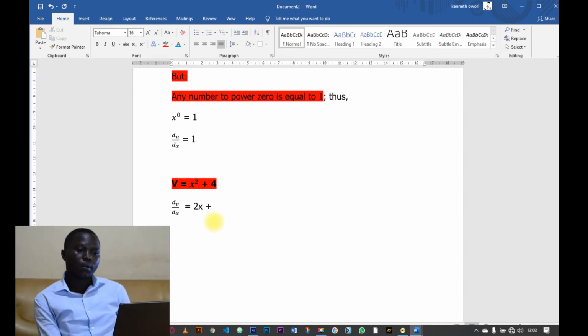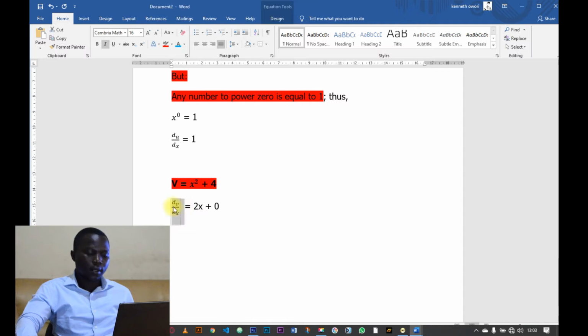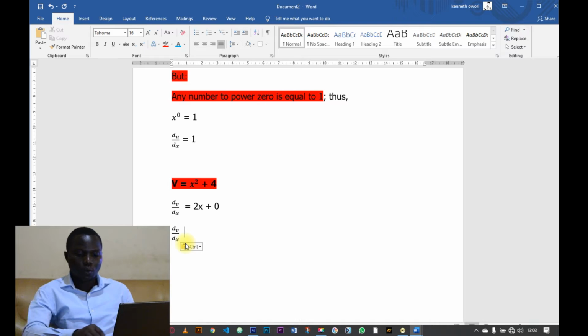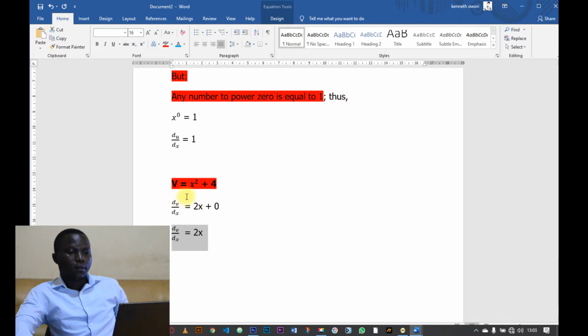That is the power of 2 multiplied by x, you get 2x. If we reduce the power of 2 by 1, we get 1, which can be silent. And if we differentiate 4, which is a constant, we get a 0. So our dv dx is equal to 2x. In other words, if we differentiate v equals x squared plus 4, we get dv dx equivalent to 2x.